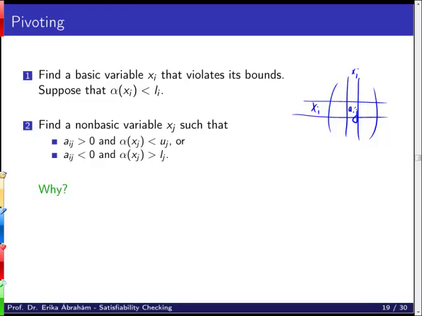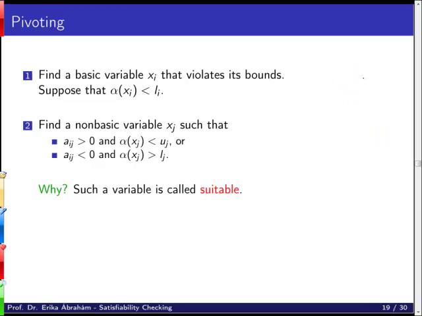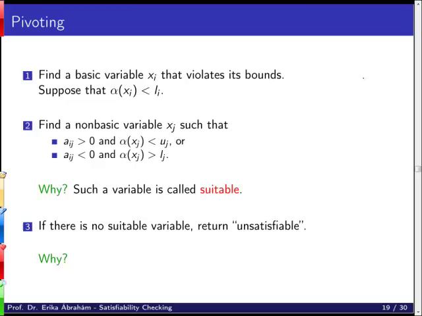And in case this coefficient is negative, if I want to increase xi and this coefficient is negative, then I will have to decrease xj in order to keep the equation. So in this case, the value of xj must be strictly larger than its lower bound. And such a variable we call suitable for pivoting. Now, if we do not find any suitable variable, then we return unsatisfiable.